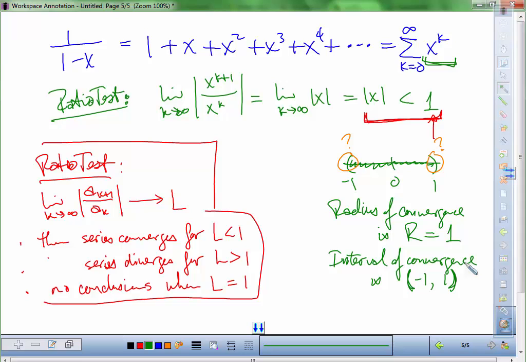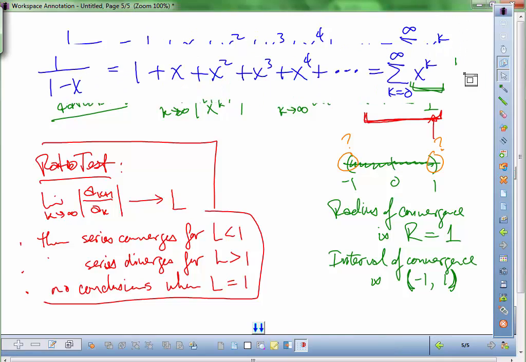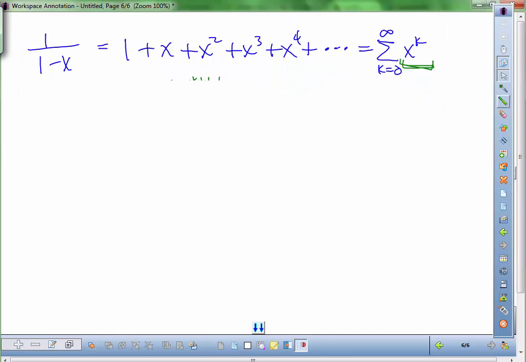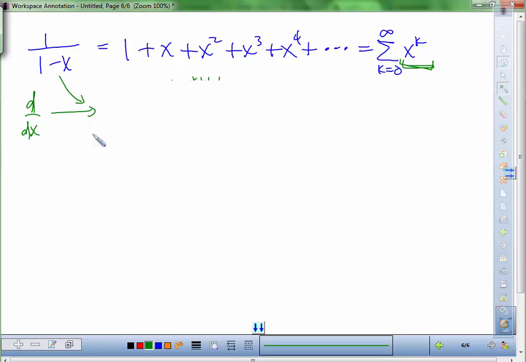All right, so we can do the same thing with this business by taking the integral or taking the derivative of this to get more power series. So let's do that. Let's take a look at the series again, and let's take the derivative of this. What's the derivative of 1 divided by 1 minus x squared?